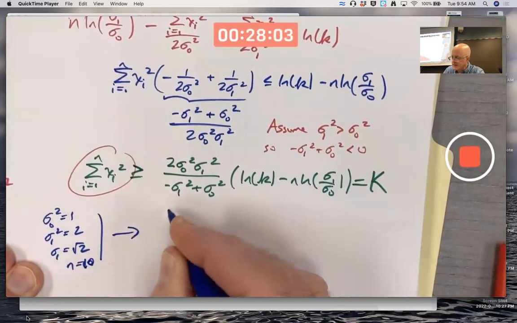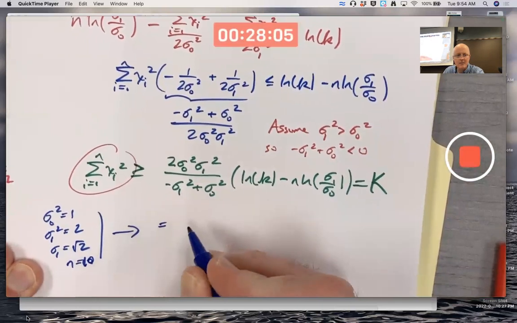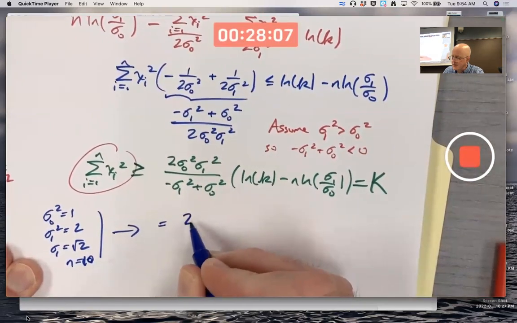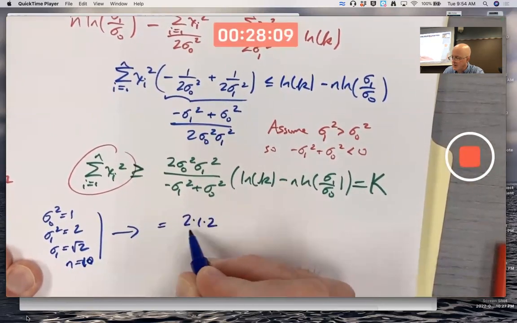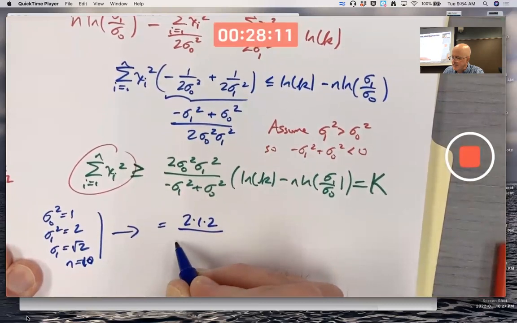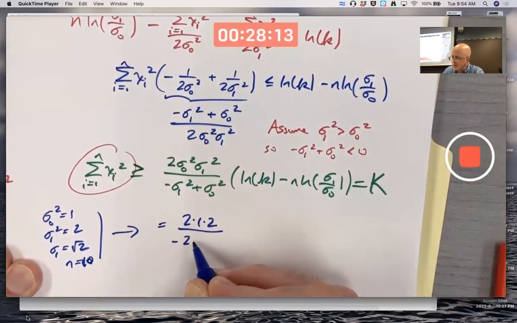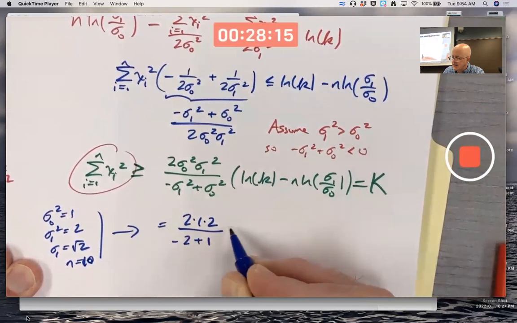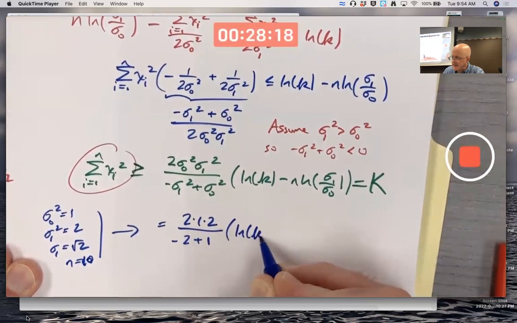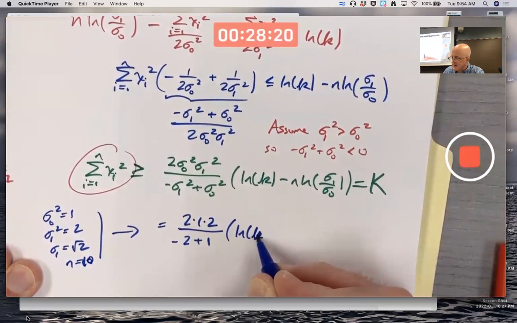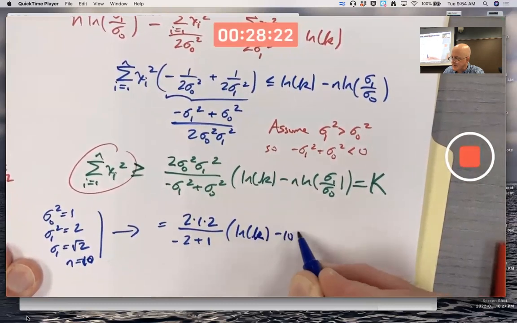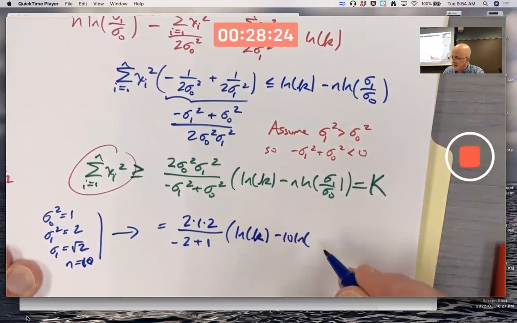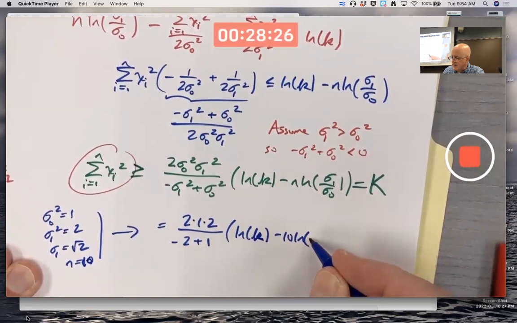Plug all those numbers in here, and this becomes 2 times 1 times 2 over negative 2 plus 1. We don't know little k, leave it as a little k. Natural log of little k minus 10 natural log of, I guess it'll be square root of 2.